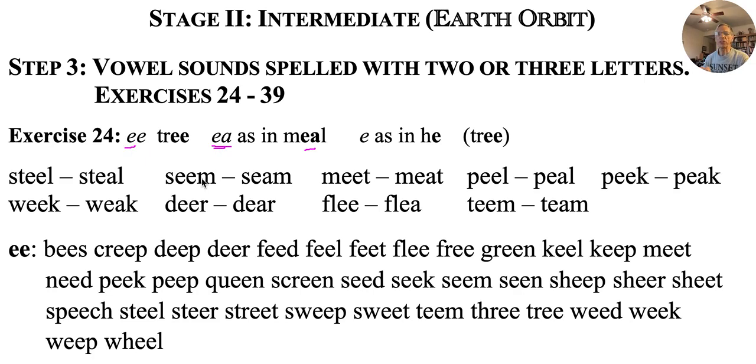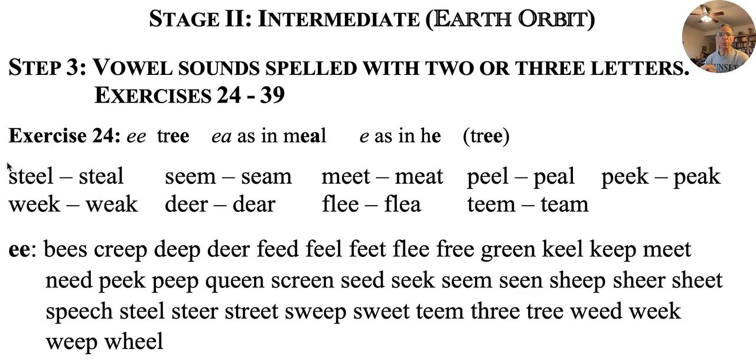In a minute we're going to show you why there are 2 spellings, because different words are spelled with the same sound but a different spelling. They're called homonyms. And then E at the end of a short word or syllable has the E sound, as in tree. That's the Phonovisual key word for all of the long vowel sounds.